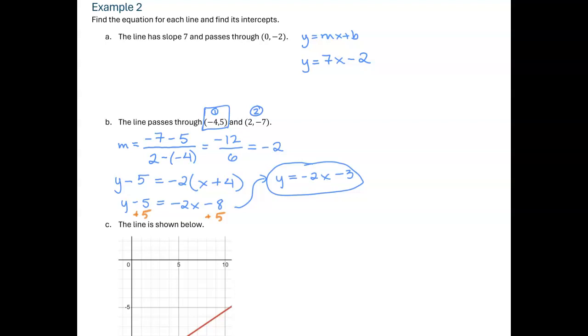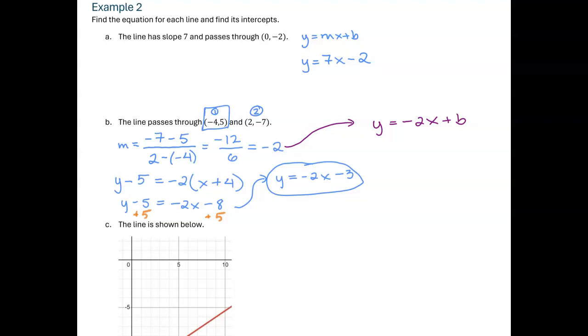But let's go through really quickly how this would look if we wanted to use slope-intercept form from the beginning. We would still do this first step. We would still calculate a slope, which would put the slope-intercept form like that. We don't know the b yet, we do know the m. If we want to find the b, we would pick either point 1 or point 2 and just plug it in for x and y.